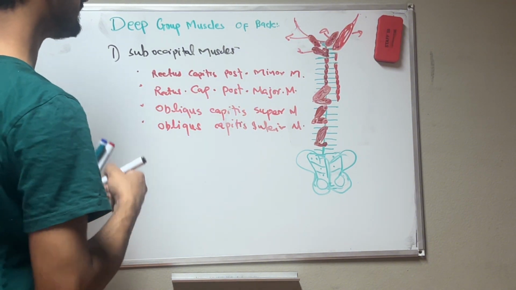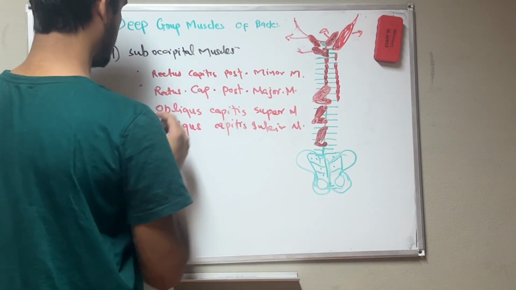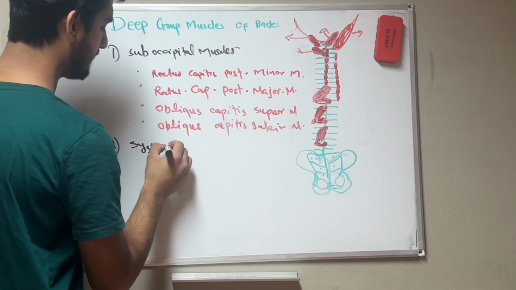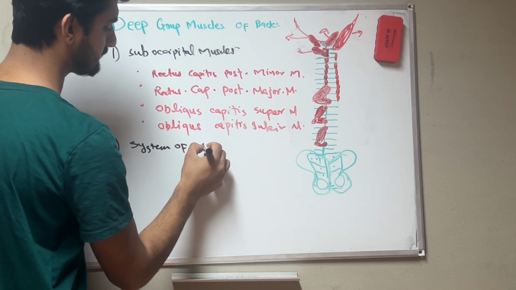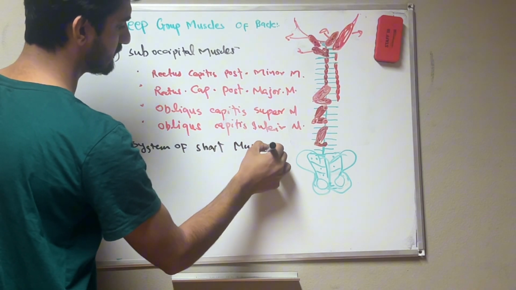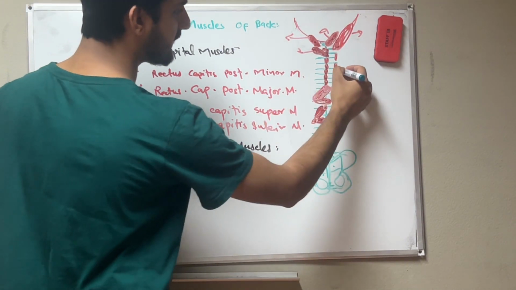Second, we have the system of short muscles. In the system of short muscles we have two muscles like this one.